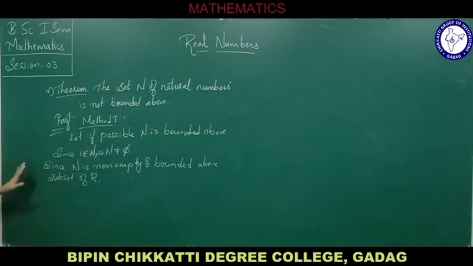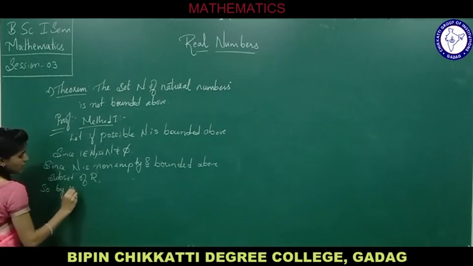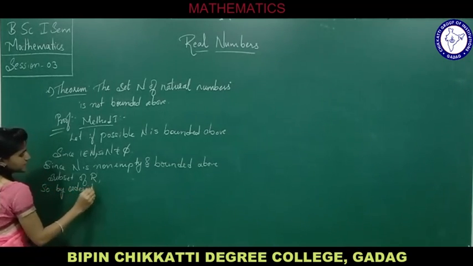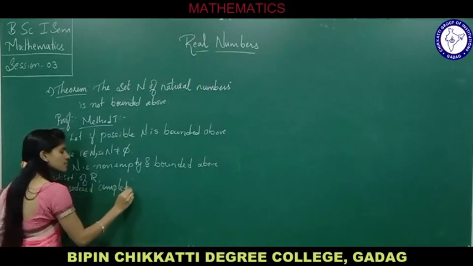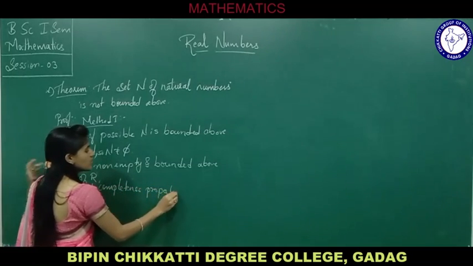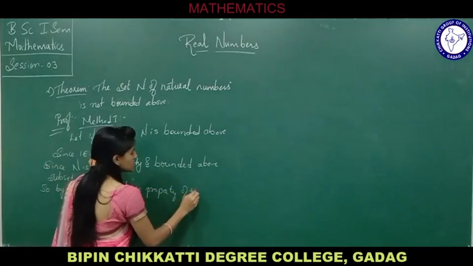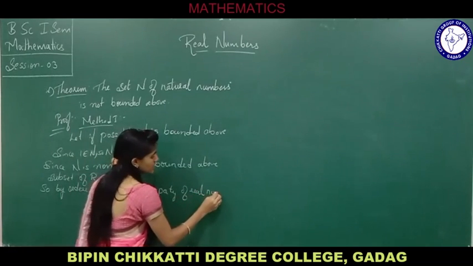If N is non-empty and it is a bounded above subset of R, so by the ordered completeness property of real numbers, what we are going to say? N should have a supremum, right?